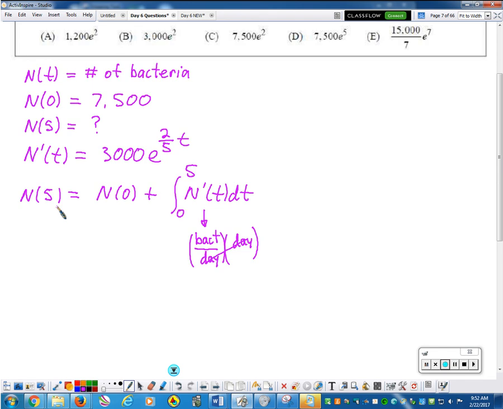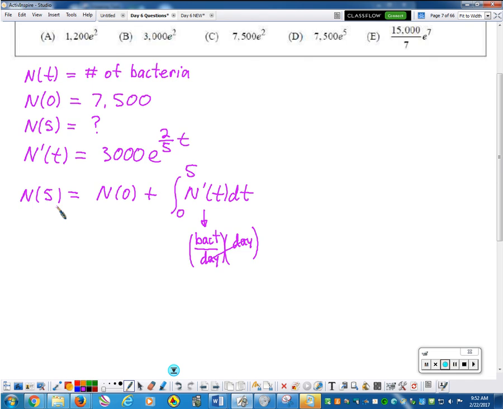It's saying starting at that instant and going forward in time until 5, what would be the change in the number? So it's not including the fact that we already had 7,500. It's saying from that point forward, you have 7,500, then for the next 5 hours, how many more will grow? So we do have to still combine them with how many there were. I don't know if that's your question. Yeah, okay.